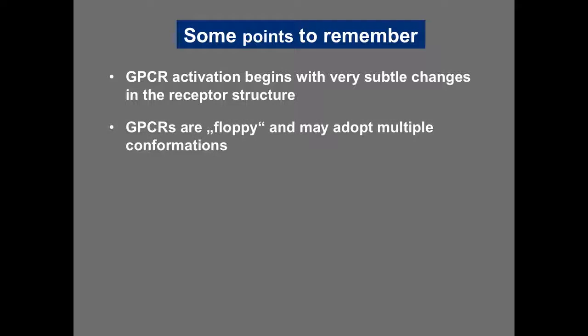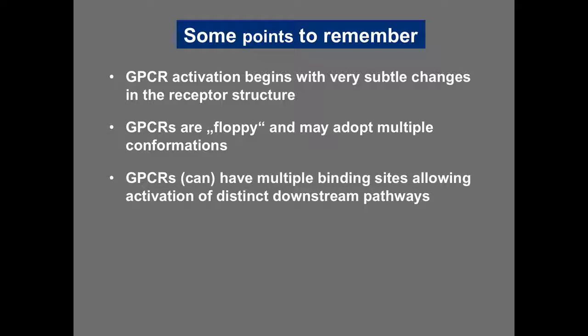Second, the receptors are floppy, which makes it difficult for them to transduce a signal, but it allows them also to adopt multiple conformations that could produce distinct downstream signals. And we may be able to stabilize these distinct conformations with ligands that bind to diverse binding sites that can be found in individual receptors, maybe alone, maybe in combination of two drugs that occupy different sites in the same receptor.